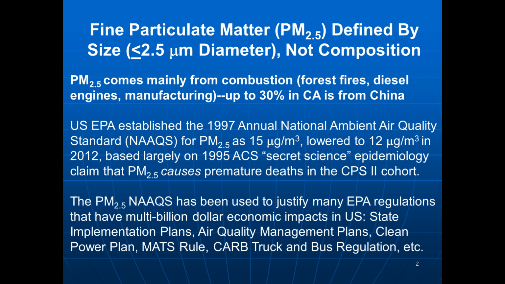And it's based largely on one 1995 American Cancer Society secret science epidemiology claim that PM2.5 causes premature deaths in what is known as the Cancer Prevention Study 2 cohort. And this air quality standard has been used to justify many of the major EPA regulations that have multi-billion-dollar economic consequences in the United States, particularly in California. And I list a number of the different rules.